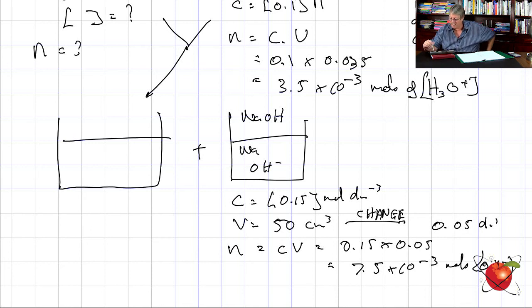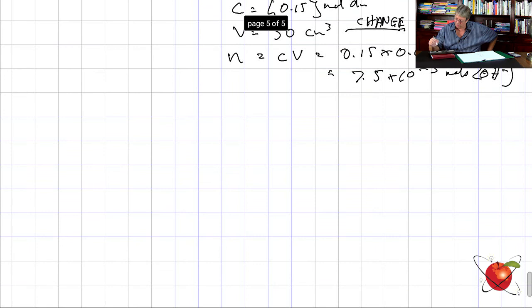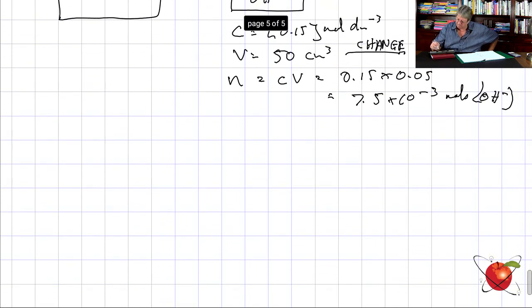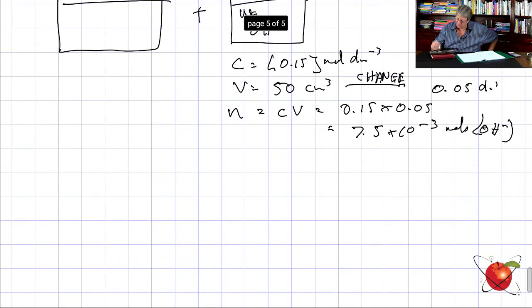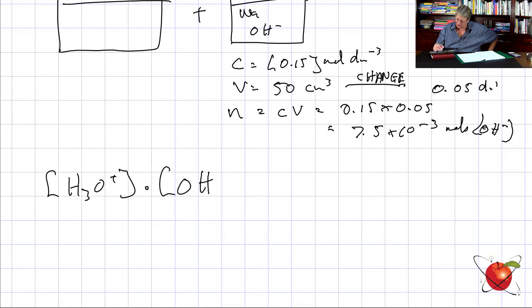Now, in the neutralization reaction, what are we saying? We are saying that the H3O+ is working with the OH- to form H2O. I'm not doing it as an equilibrium calculation currently.